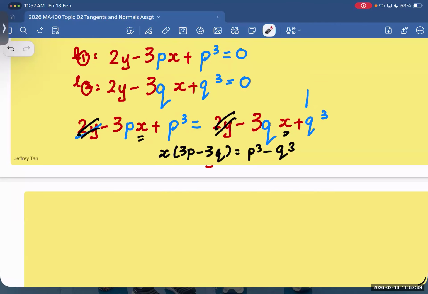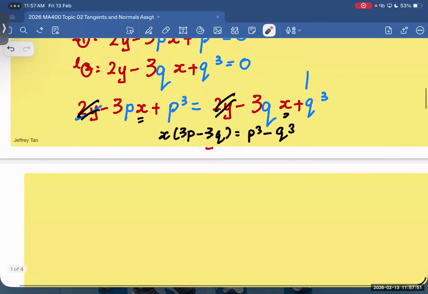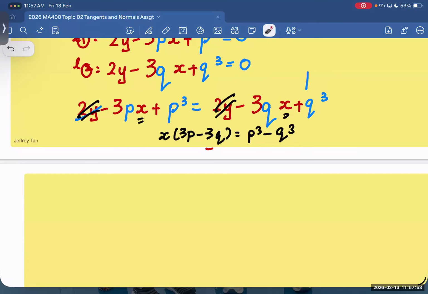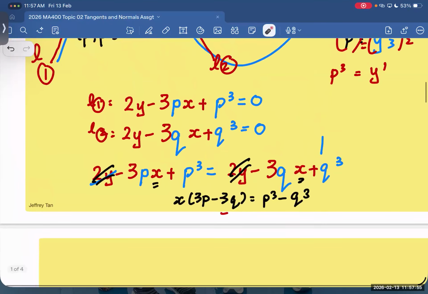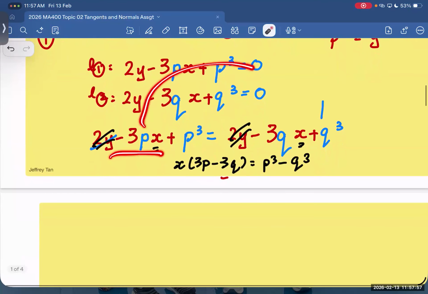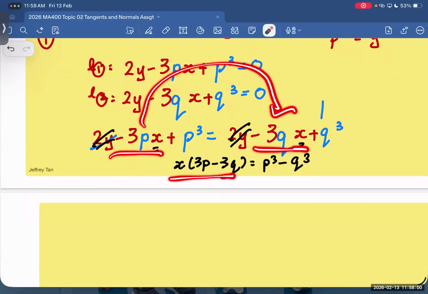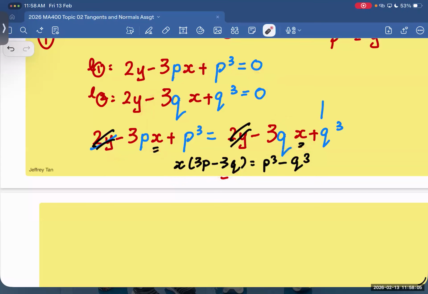Let me tell you the reason why I fast forward, because I have no space. Can you see? 3P goes over to the right, 3P minus 3Q. This one goes to the left. Is it okay, guys?